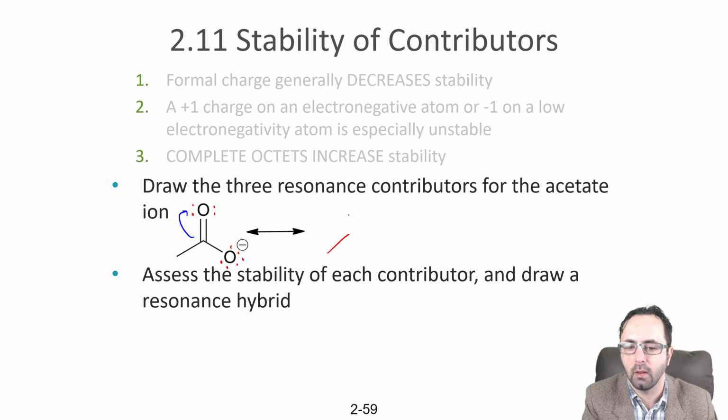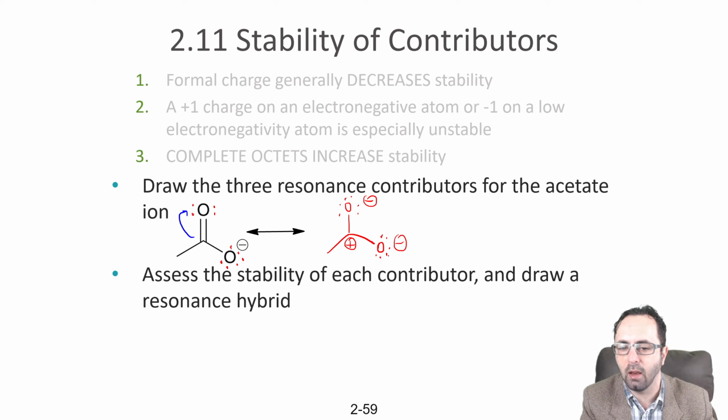That gives us this situation where we have the oxygen with a negative formal charge, and the carbon now making 3 bonds with no lone pairs has a positive formal charge, and this oxygen continues to have a negative formal charge.